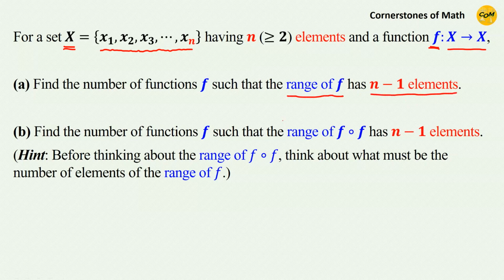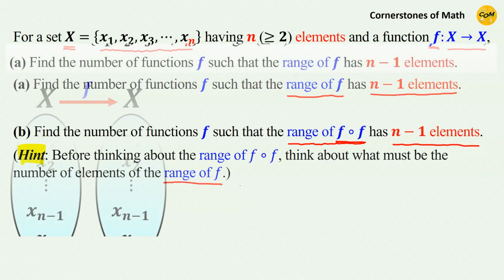And the next problem says find the number of functions f such that the range of f∘f, the function composition, has n-1 elements. And since this problem is actually quite challenging, there's a hint. Before thinking about the range of f∘f, think about what must be the number of elements of the range of f.